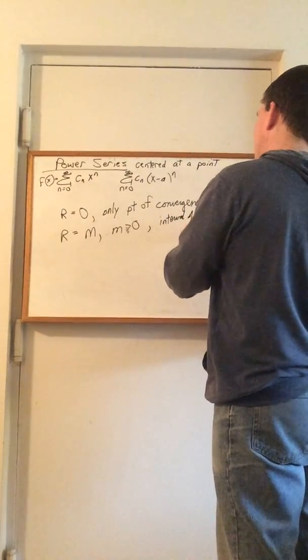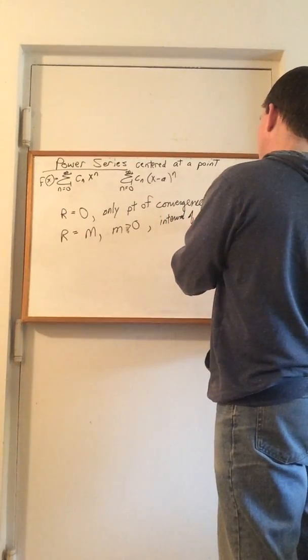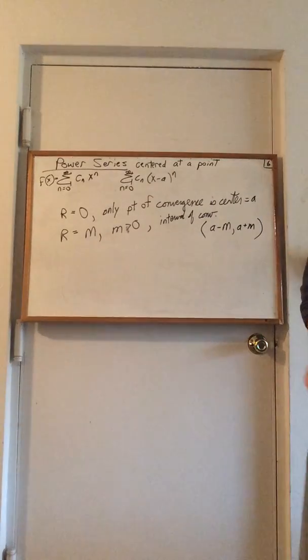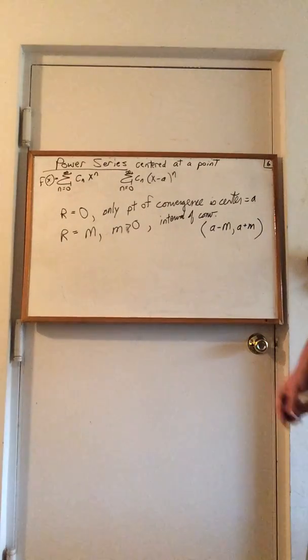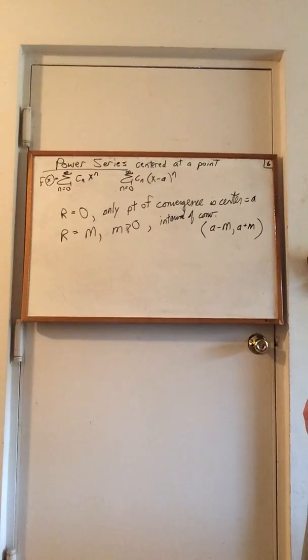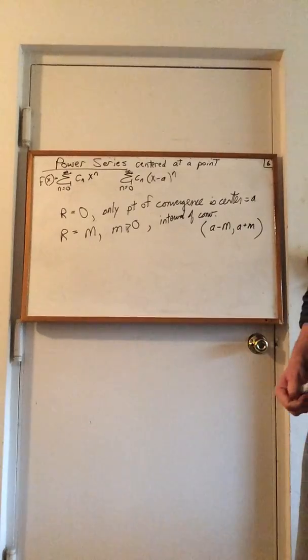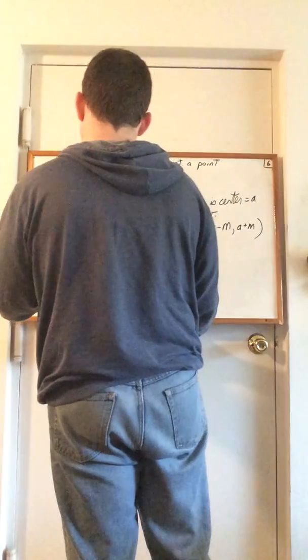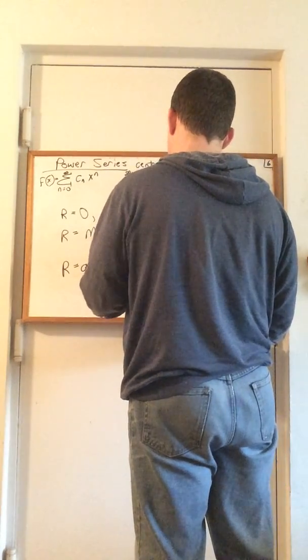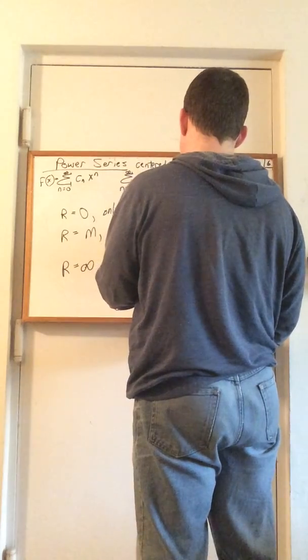Your interval of convergence will be the center minus the radius and the center plus the radius. So again, for the first one, I think our center was 0, our radius was 5. So our interval was 0 minus 5, 0 plus 5, negative 5 to 5. The last option, your radius is infinite, and then your interval is negative infinity to infinity.